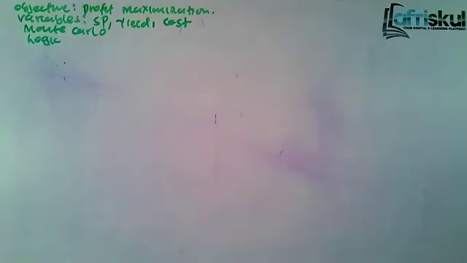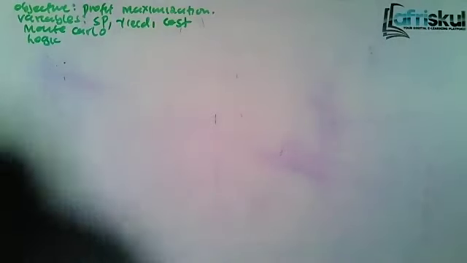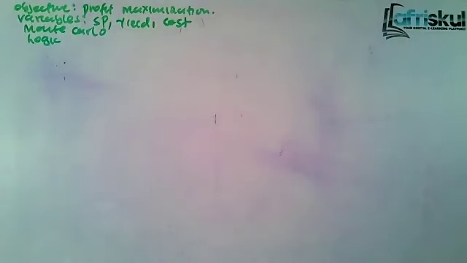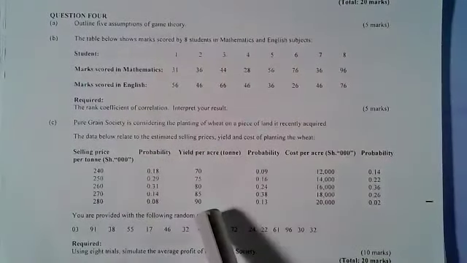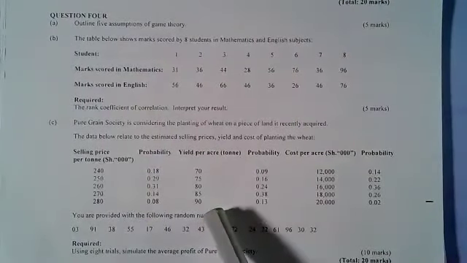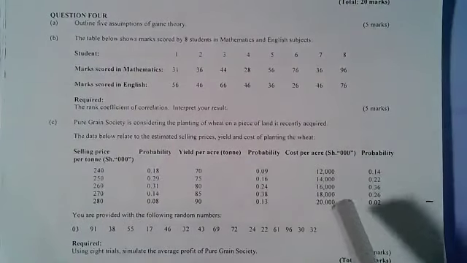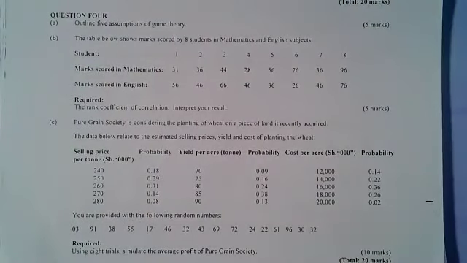Now from the question, our objective is to maximize the profit. How can you get the profit having this information? You are given the selling price, the yield, and we said yield is the same as the sales volume, and then we are given cost per acre. So how can you use that to get the profit?